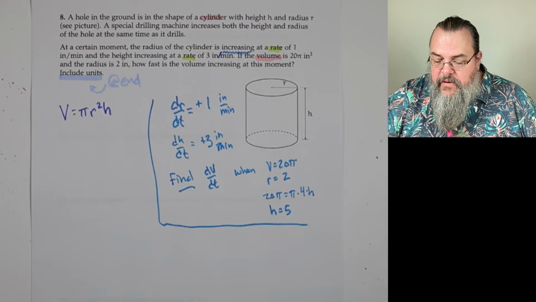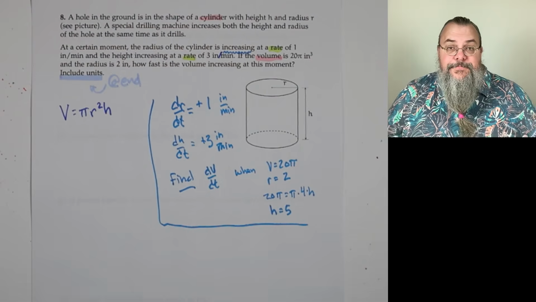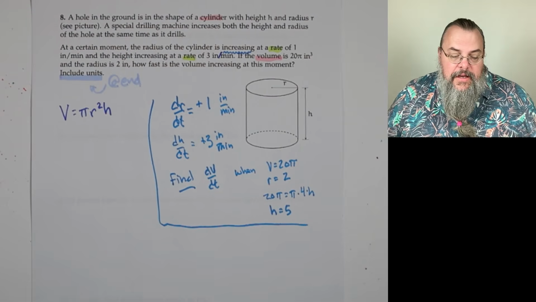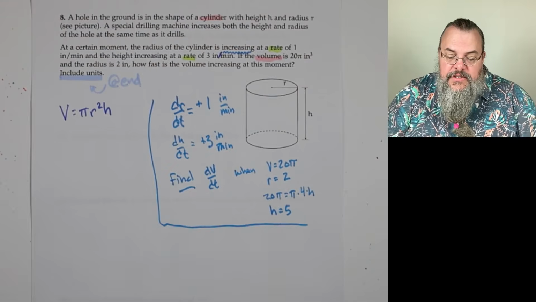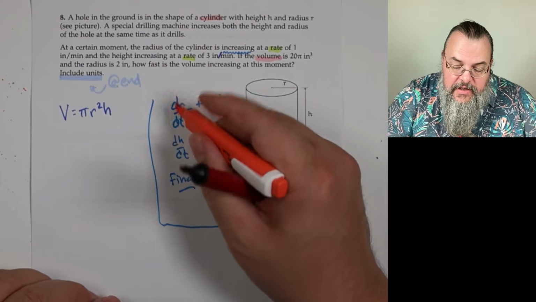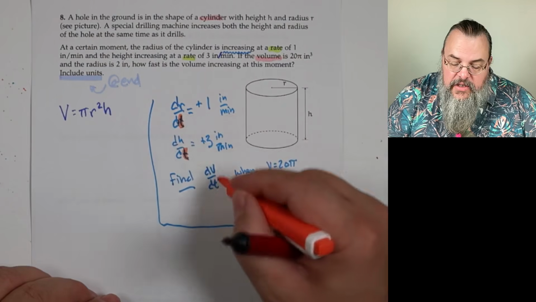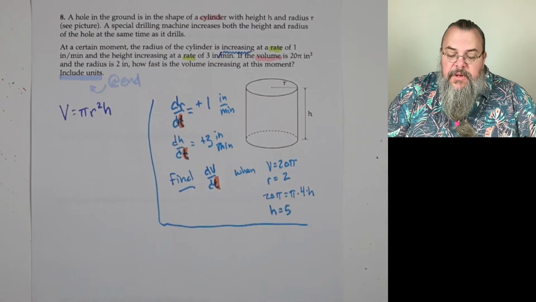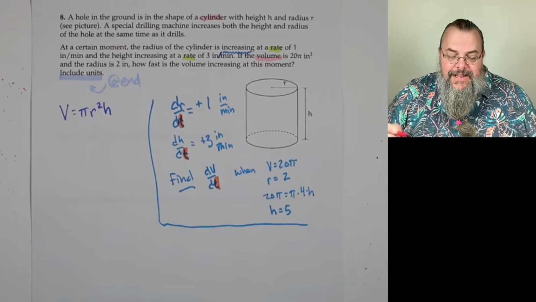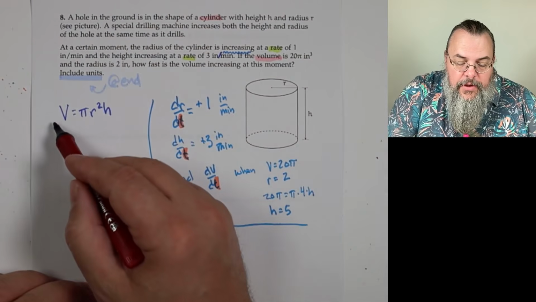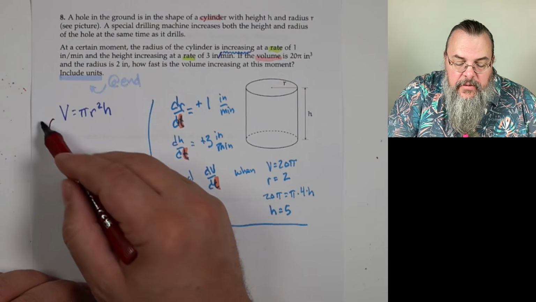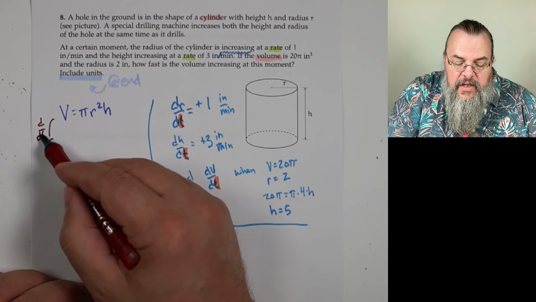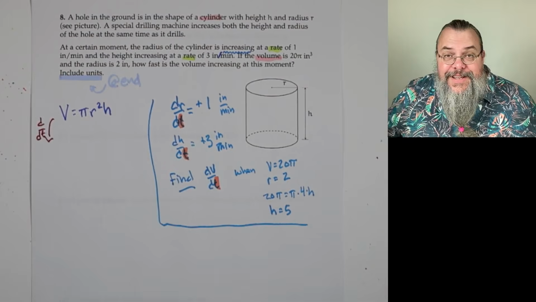All right. So what do we do? Well, all these are functions of t, right? dr dt, dh dt, dv dt. So what we should be thinking of is, let's take the derivative with respect to t. So we're going to take the derivative with respect to t of everything.